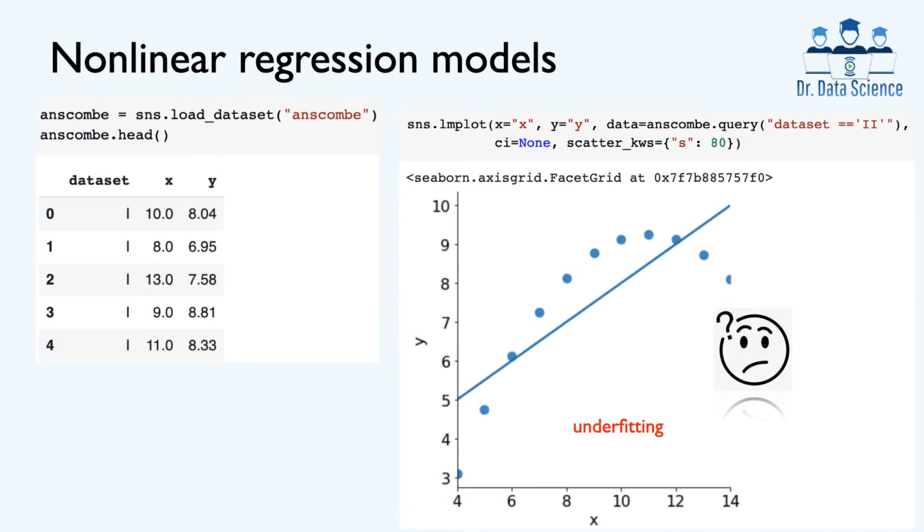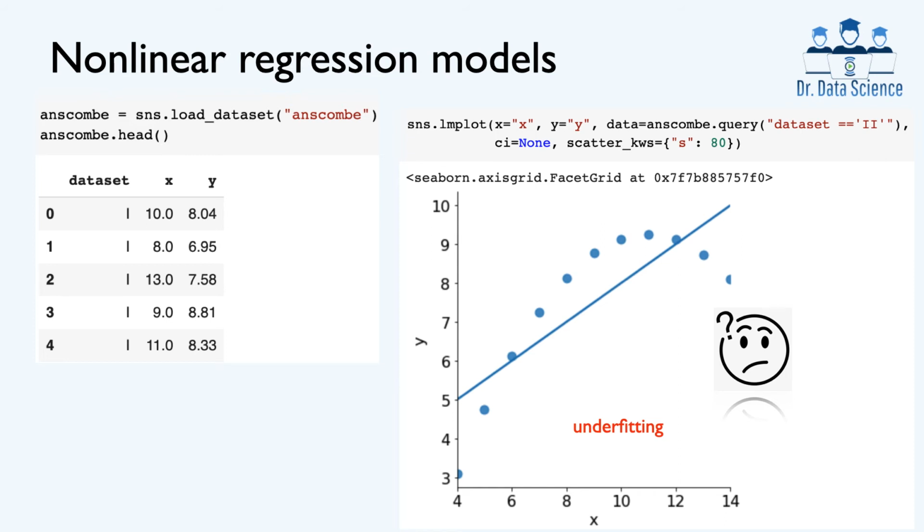So now we are going to work with another data set. And when we visualize these data points, we obviously see that a linear regression model does not capture the underlying structure of the data, because obviously this data set has some nonlinear structure.